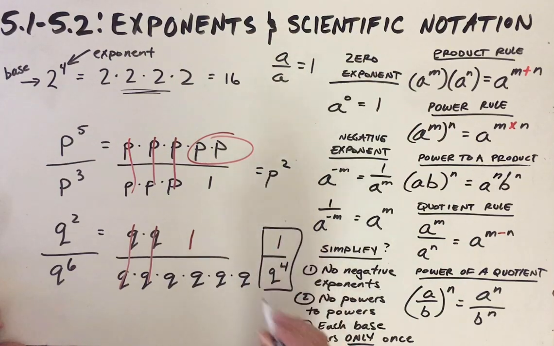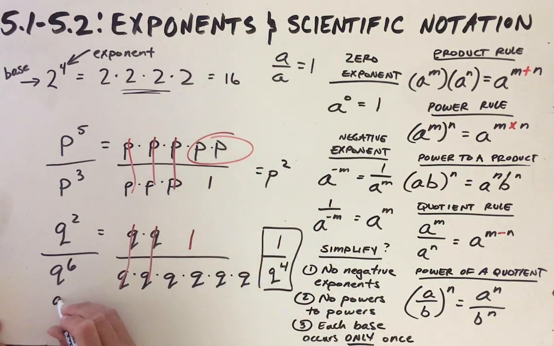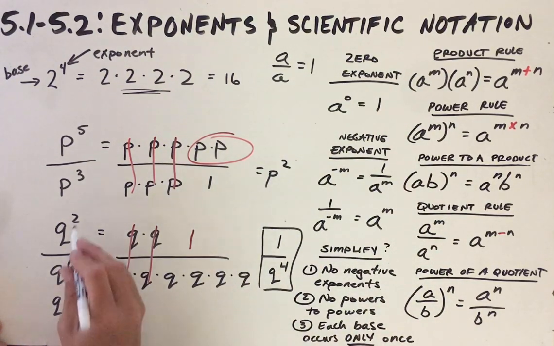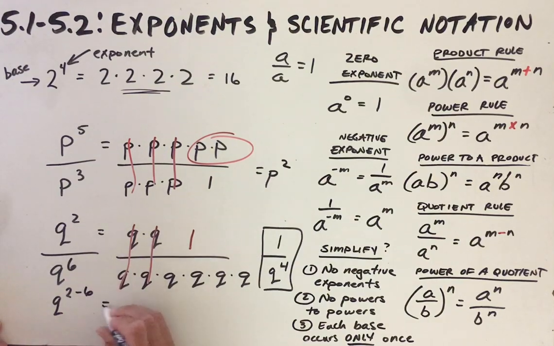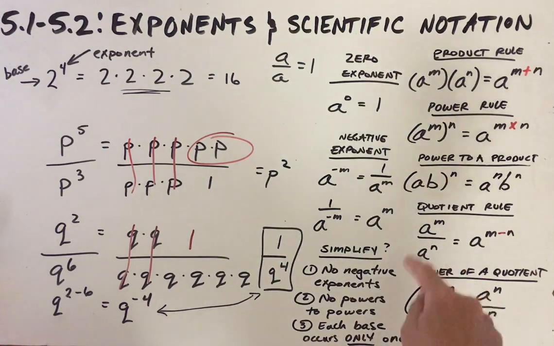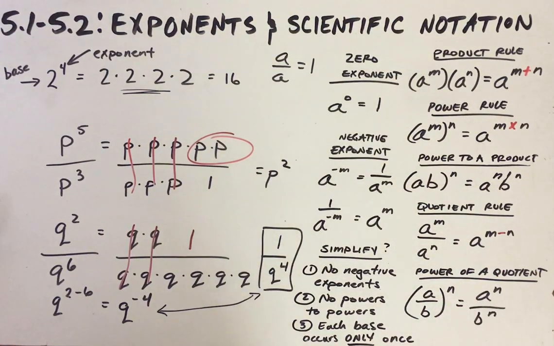Okay, well, what is the relationship of these exponents? Again, the order that you put these in matters. But what's really weird here is I go to use this exponent, it says 2 minus 6, and what I really get is q to the -4. How does q to the -4 get to be this? Well, if this rule is true, but this is what we got, these two things must equal each other. And that is indeed the case.